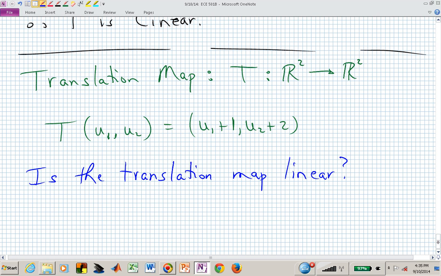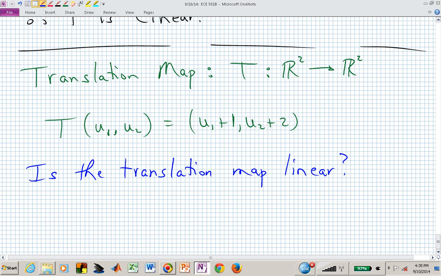Is the translation map linear? And what might it take to show that it's not linear?